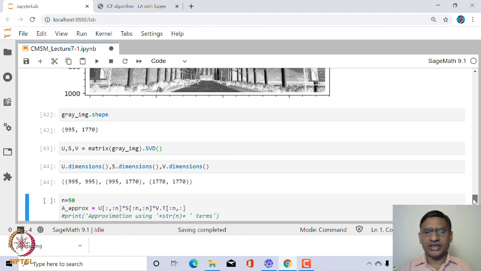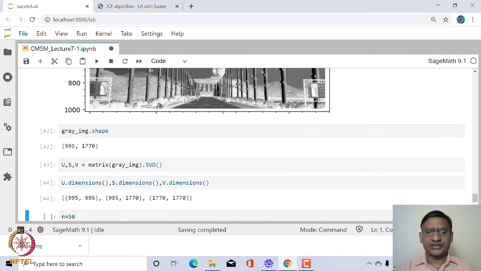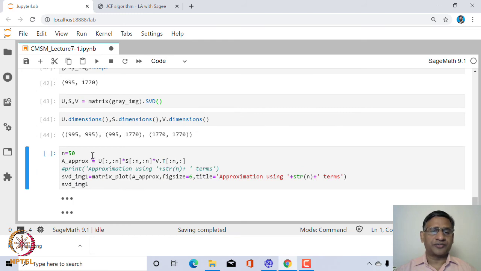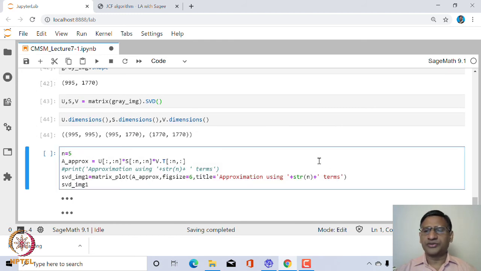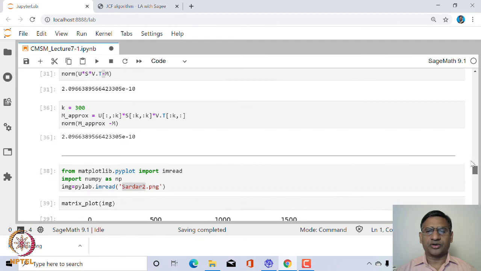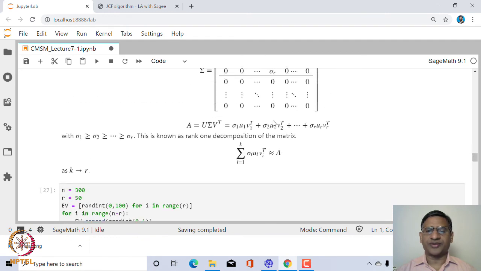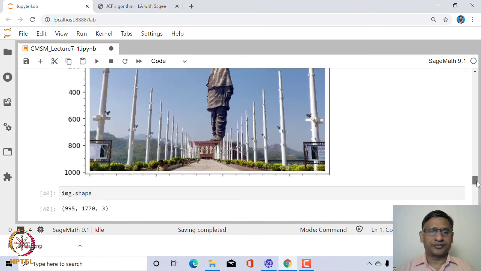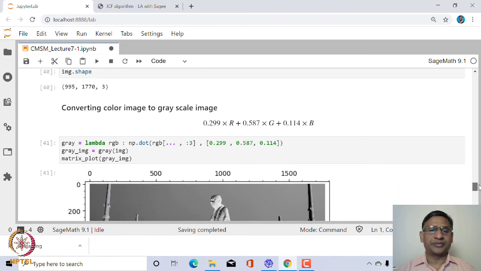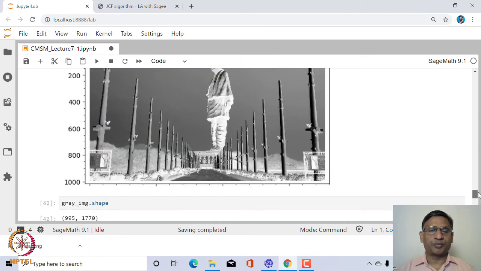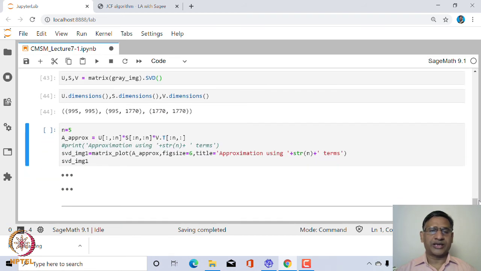Now, let us approximate. Let us take only the first 5 terms of this sum. That will be an approximation of A using the first 5 terms, and then let us plot a graph of that approximation.